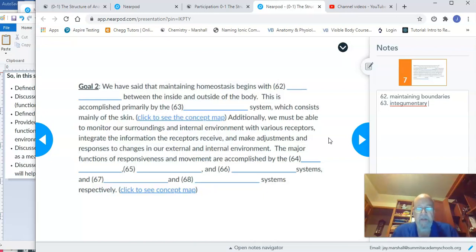The major functions of responsiveness and movement are accomplished by the nervous, endocrine, and immune systems, and the muscular and skeletal systems, respectively.